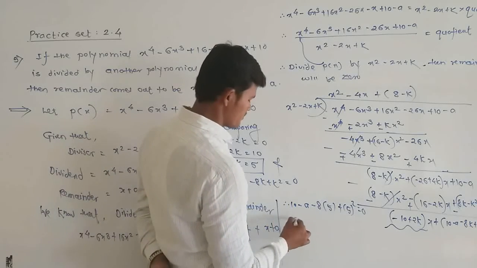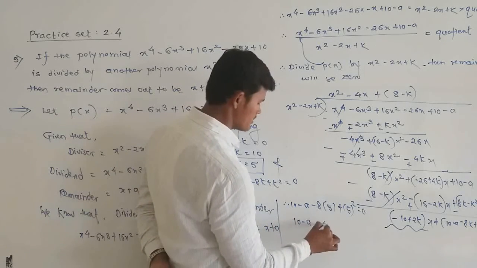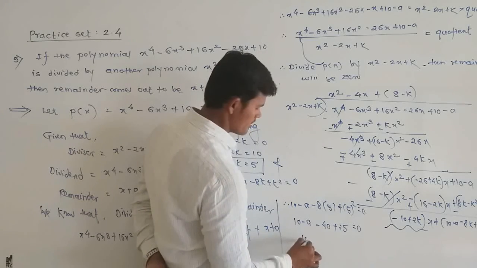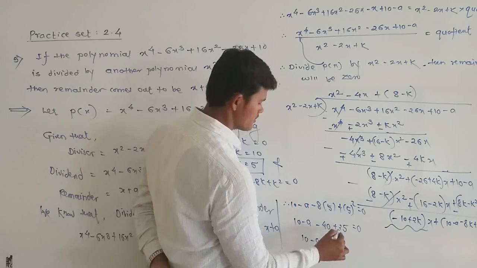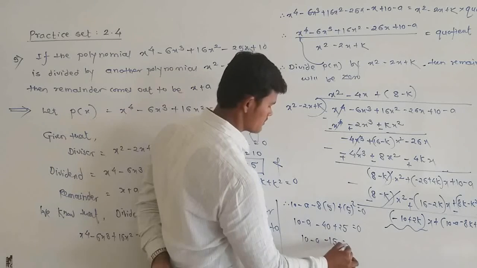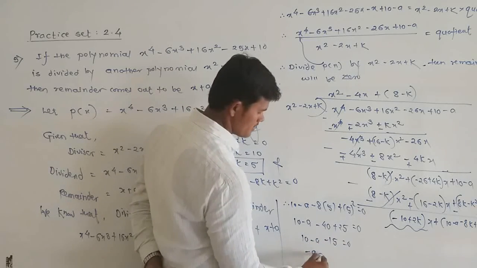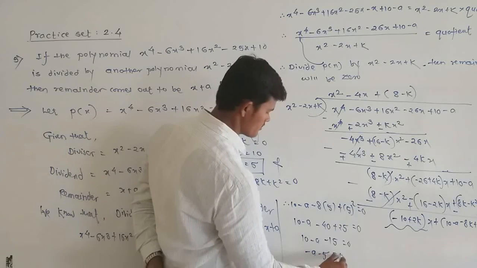So here 10 minus a minus 40 plus 25 is equal to 0. So 10 minus a minus 40 plus 25 minus 15 is equal to 0. So 10 minus 15 minus a minus 5 is equal to 0.